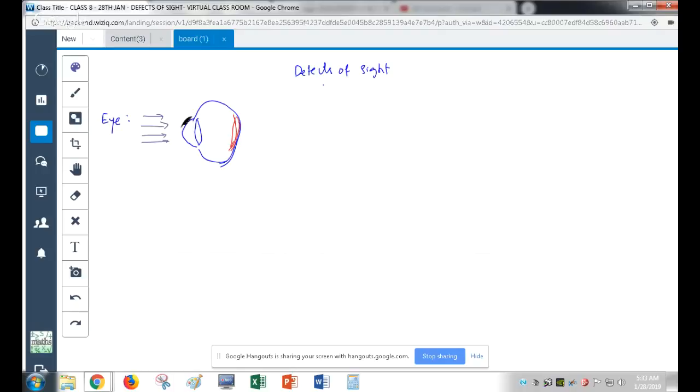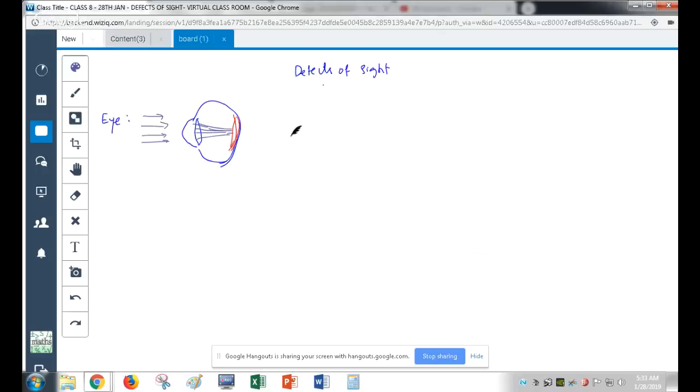They will fall on the eye, and then all these rays will get refracted and focused at the retina. So this is the simple construction of the eye.